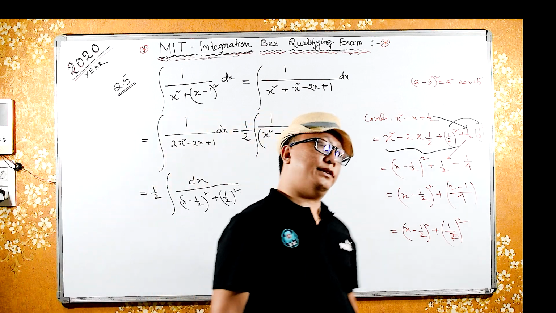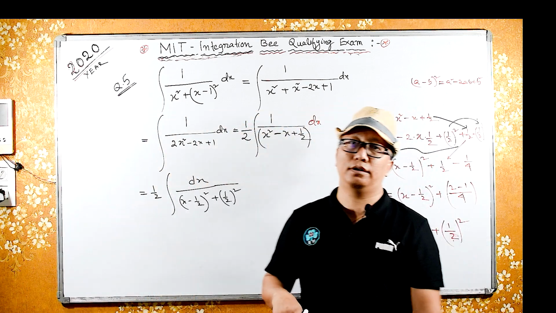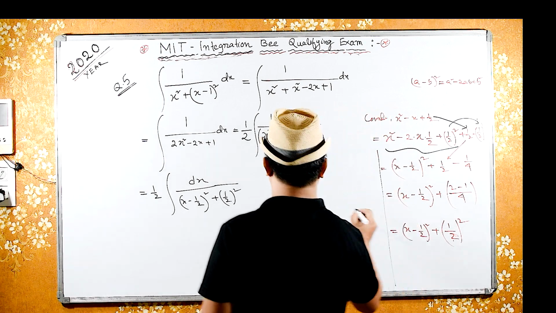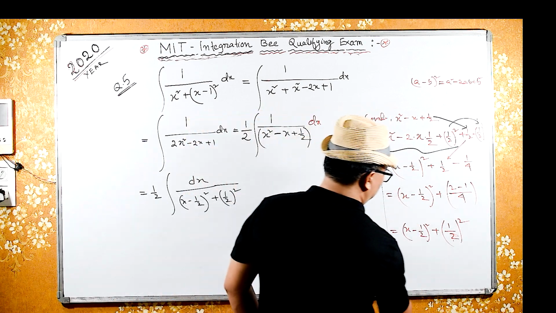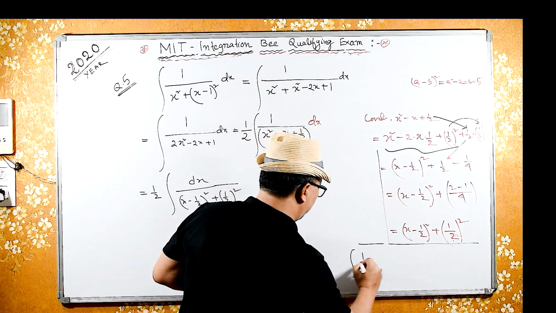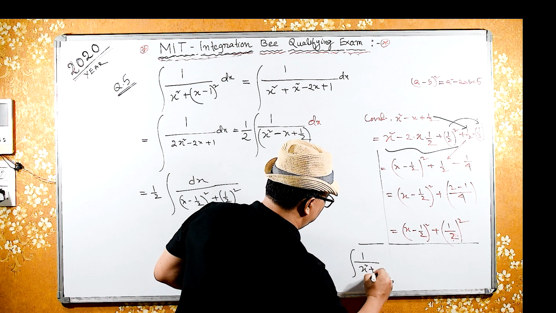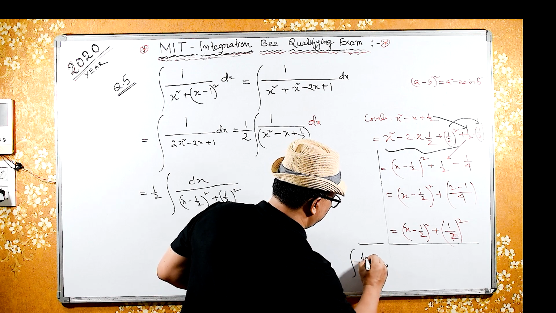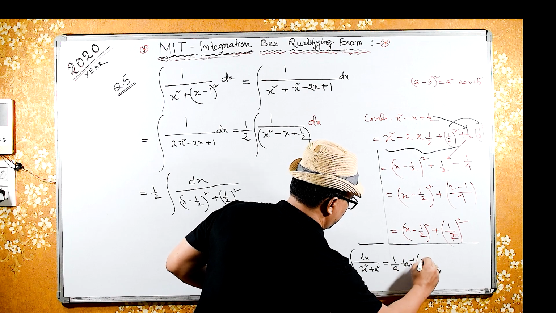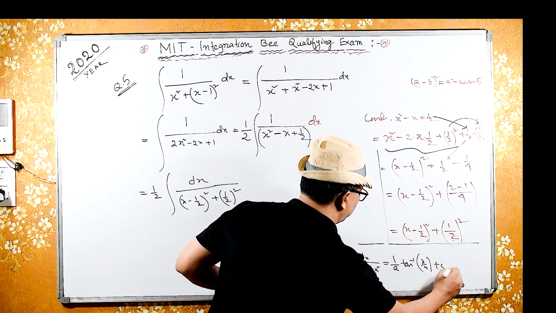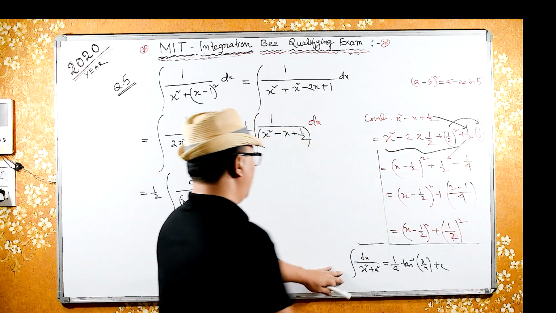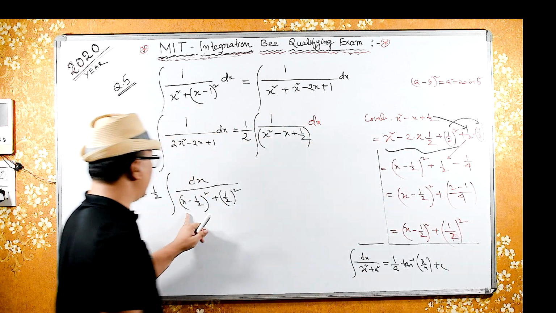Remember what we have? We have one formula, I will write over here. Integral of 1 upon x square plus a square dx is 1 by a tan inverse x upon a plus c. By applying this formula, here x is what? x minus half.